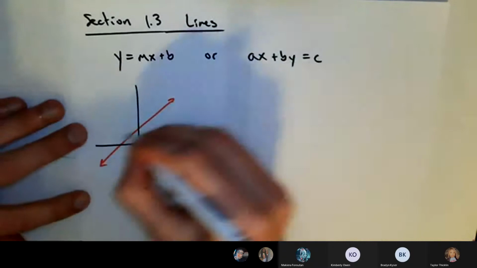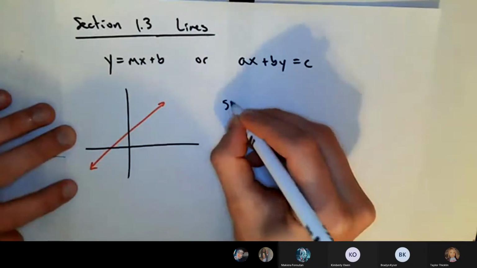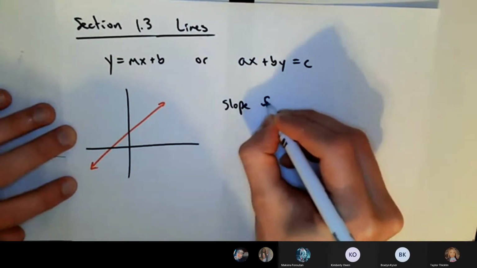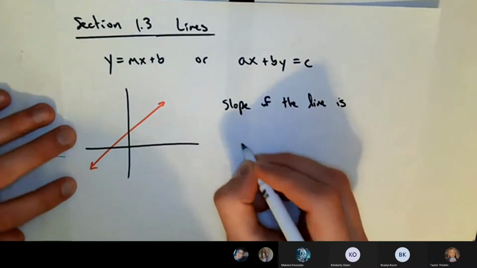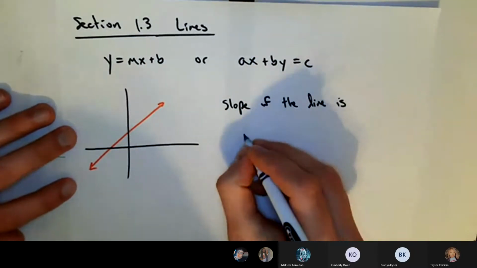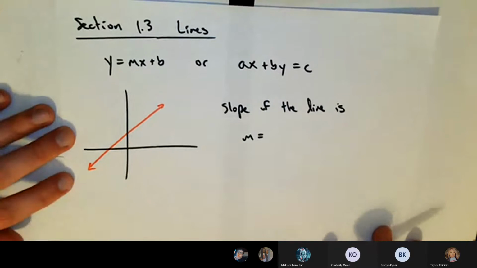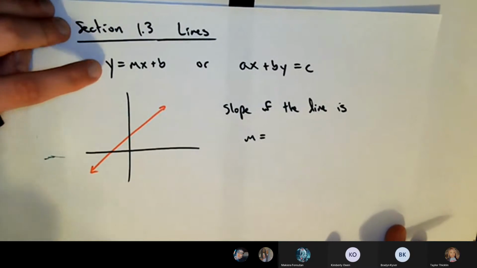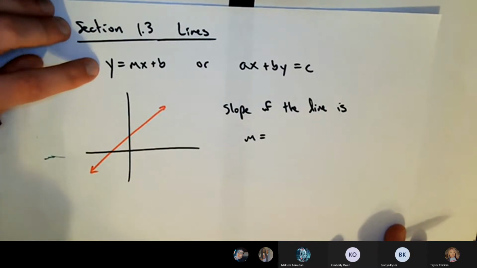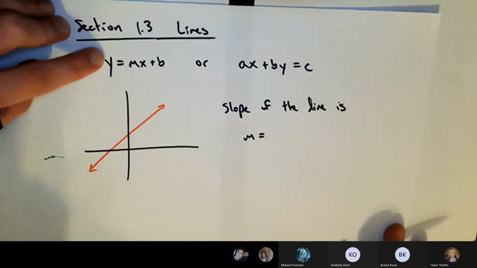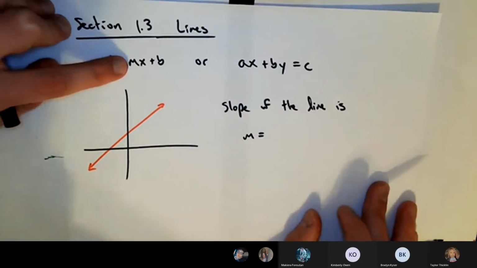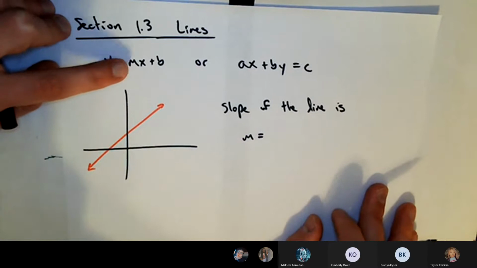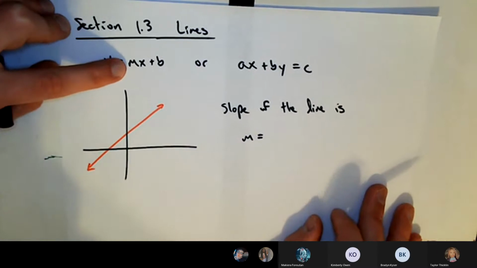Then I can talk about, on the picture here, the slope of the line, which, when it's written in this form, we call m. So when y is explicitly solved for in this equation form, meaning y is all by itself on this side of the equal sign, then the number attached to x via multiplication is going to be the slope of the line.